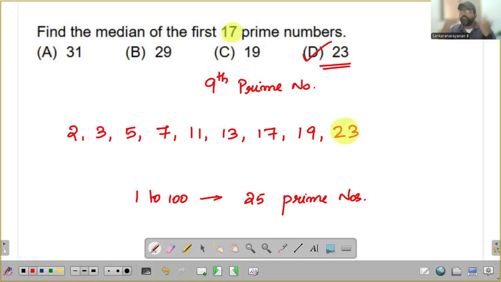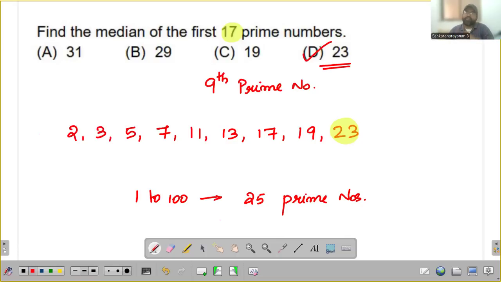Considering all the prime numbers from 1 to 100, what is the median value of that set of observations? You know that from 1 to 100 there are 25 prime numbers. 25 is odd. So 25 plus 1, 26 by 2. The 13th prime number from the beginning, that will be my answer.